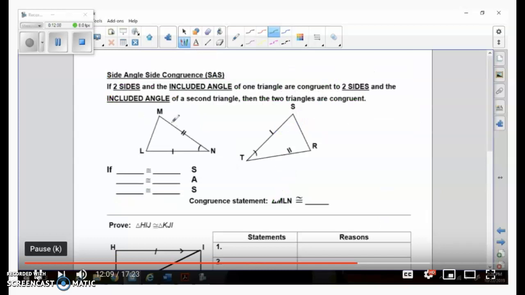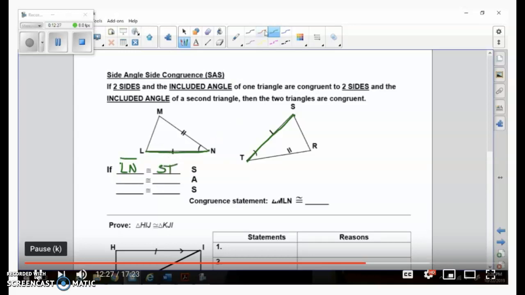Now, where this comes into play is when we do side angle side congruence. What we need to know is that when you have two sides and the included angle, that's very key.